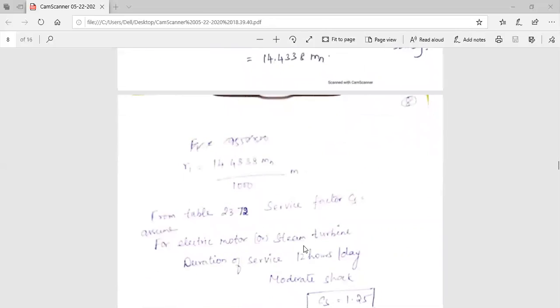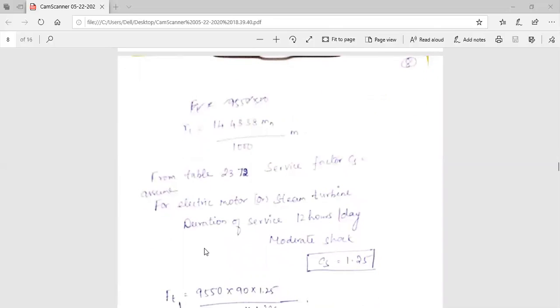After that we need a service factor. From table 23.72, service factor values are given. These are assumed data. You assume an electric motor or steam turbine, duration of service 12 hours per day.